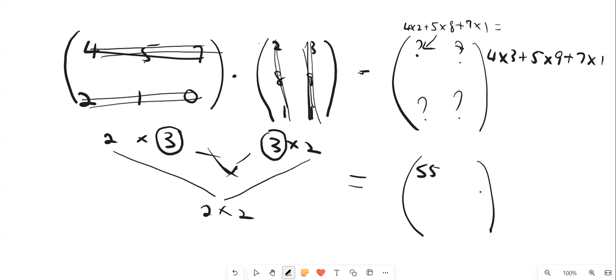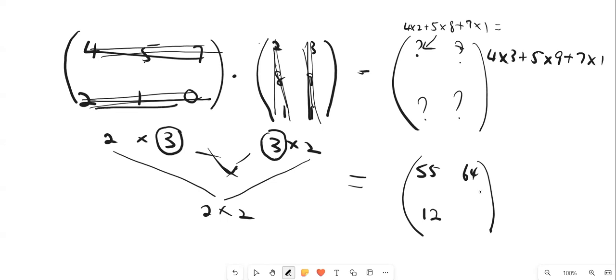And 64. Yes, sir. Then this row by this column, see if you get the numbers 12.